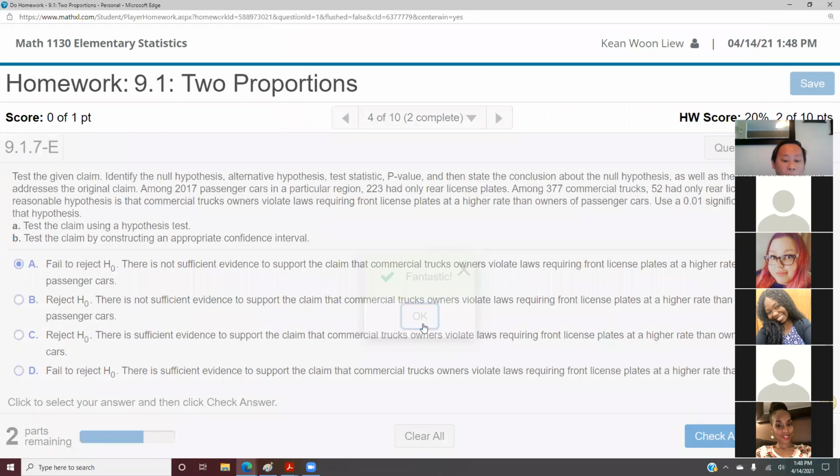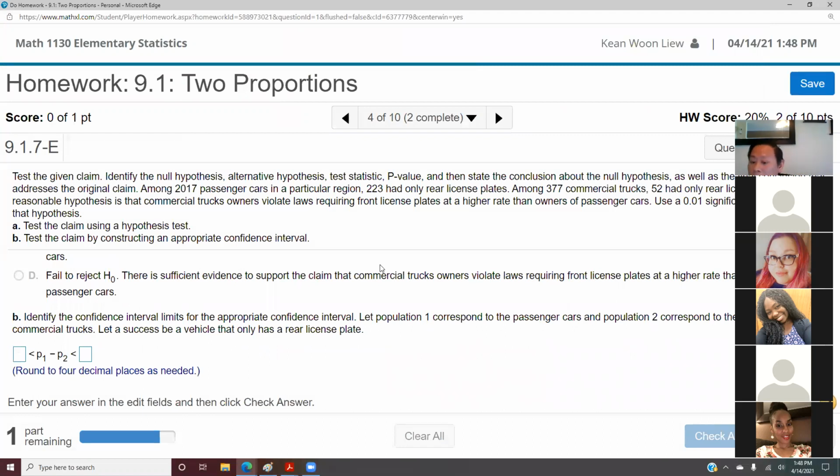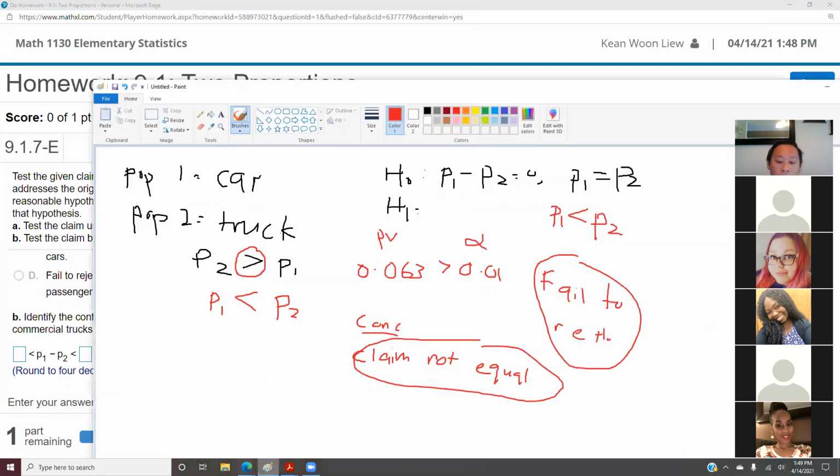All right, now who had a question just now? Okay, so in terms of the p-value, what does the p-value mean when you're comparing? What happens is the alpha is here. This is 0.01.